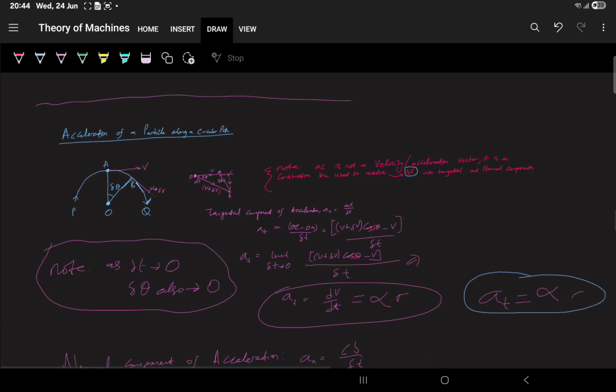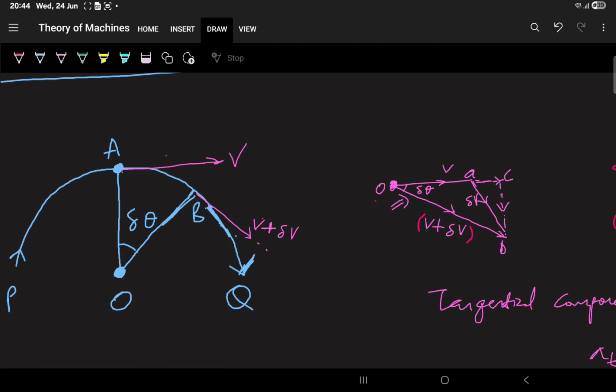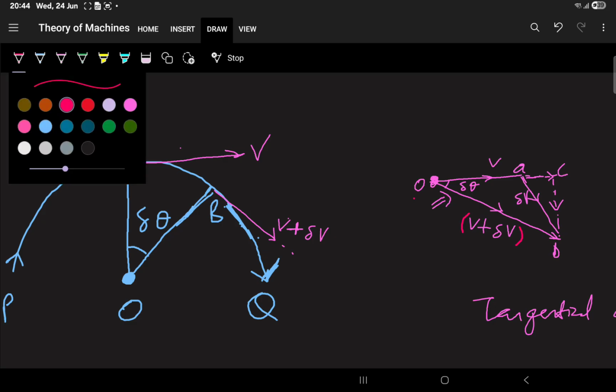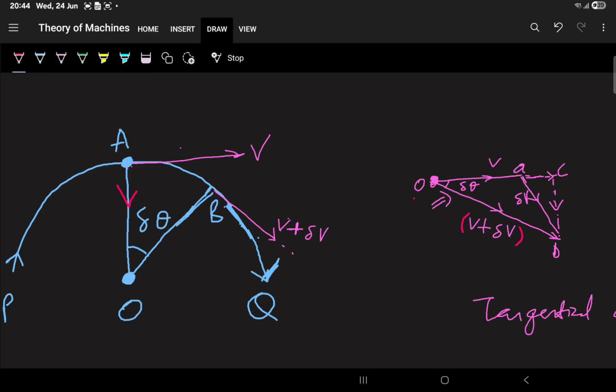Now back to the original diagram from point E to B. Now OE is where the normal acceleration will act towards the center. For OB, normal acceleration acts towards the center. Now E normal at OE and E normal at OB, you can see there's a change in the direction. Initially the direction was here, let's say east.